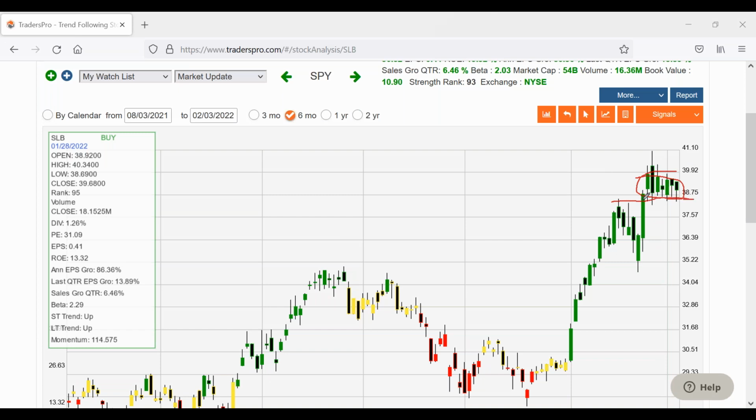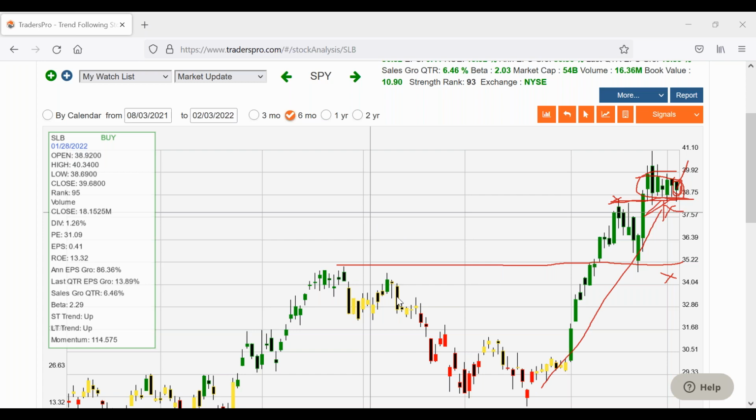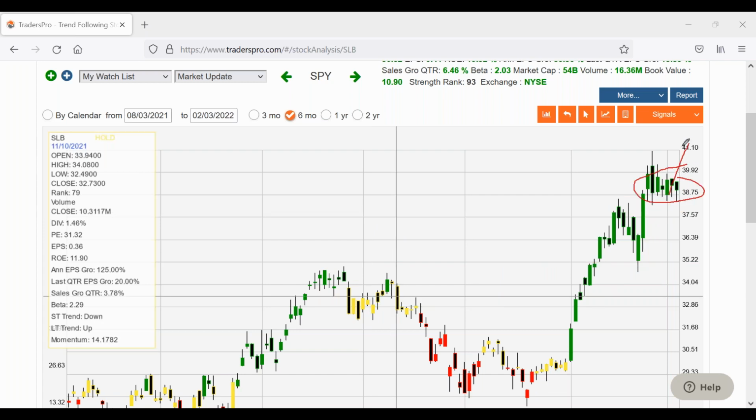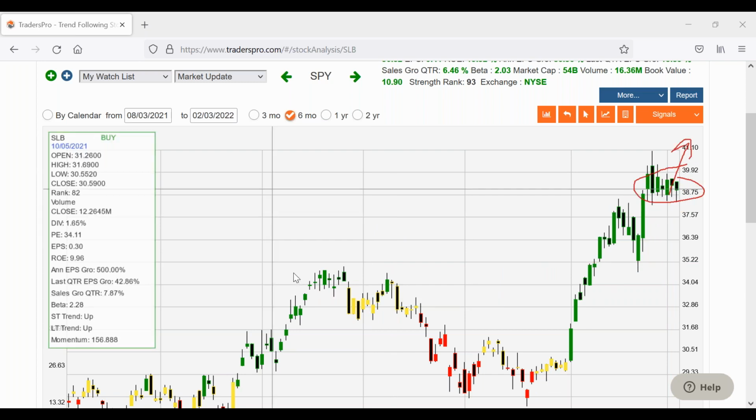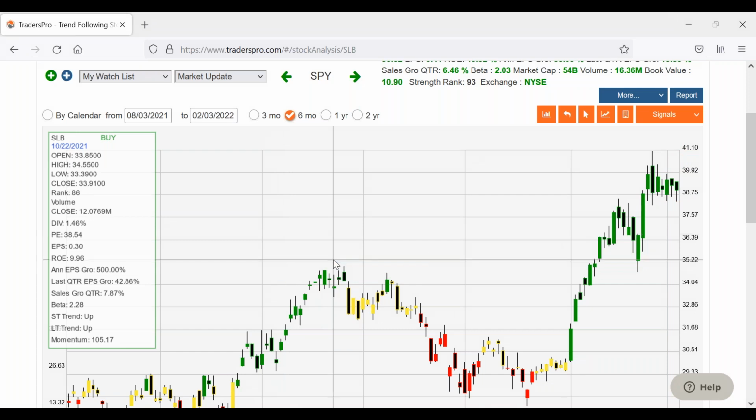And notice how it's kind of moving sideways right on that breakout area. I'd probably put my stop down here a little bit lower, just because that's probably a little bit too tight, especially since Schlumberger is actually down a little bit today. But that's one that's a nice strong uptrend and looks like it wants to continue. So those are two good ones.